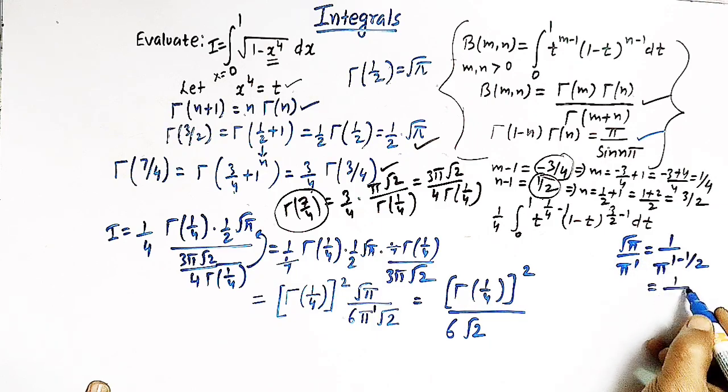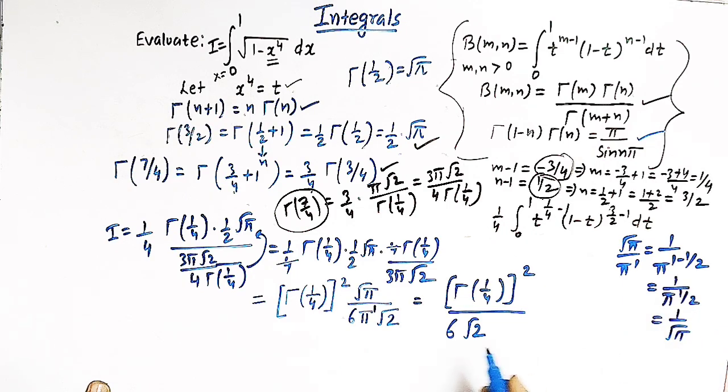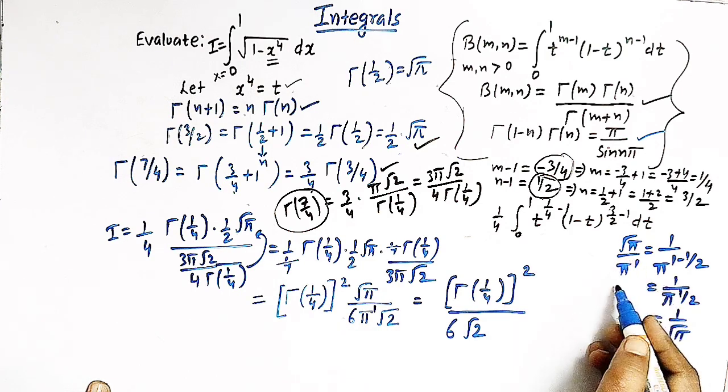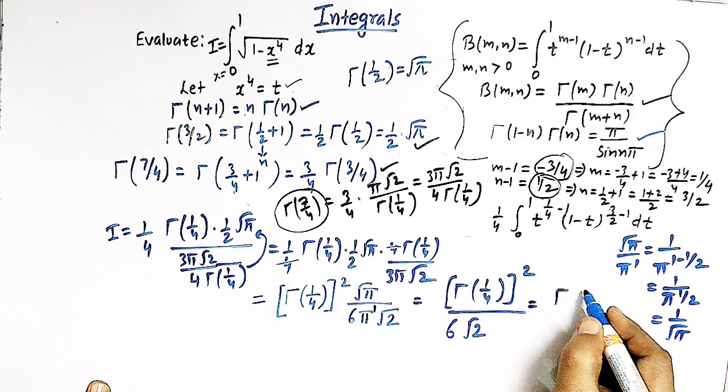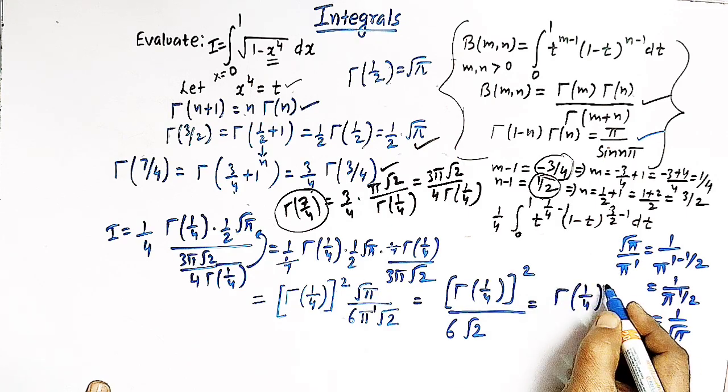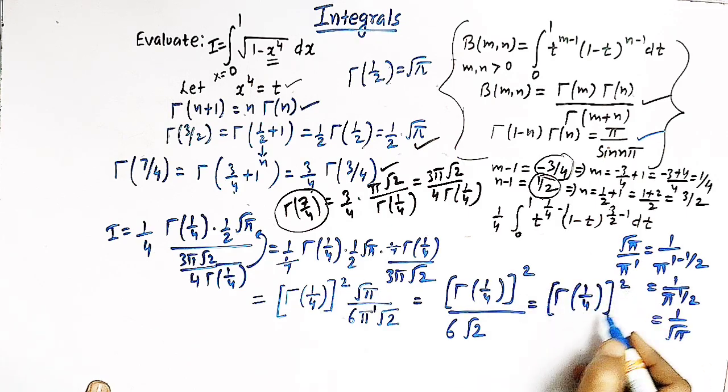And this is 1 minus half, that is simply pi raised to half, that is 1 over root pi. So we can now substitute the value of root pi over pi as 1 over root pi. So we can now write gamma 1 over 4 square, and then we have here 6 root pi times root 2.